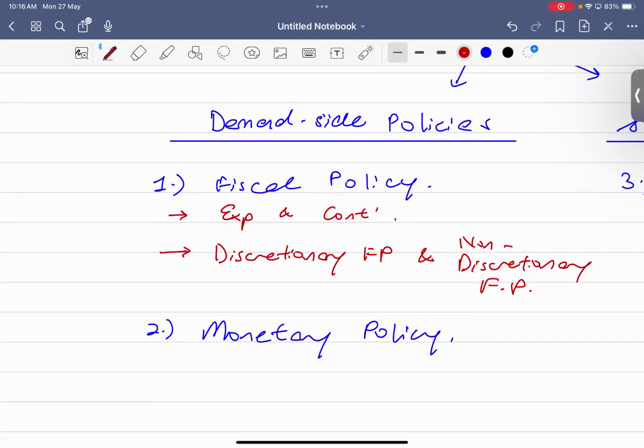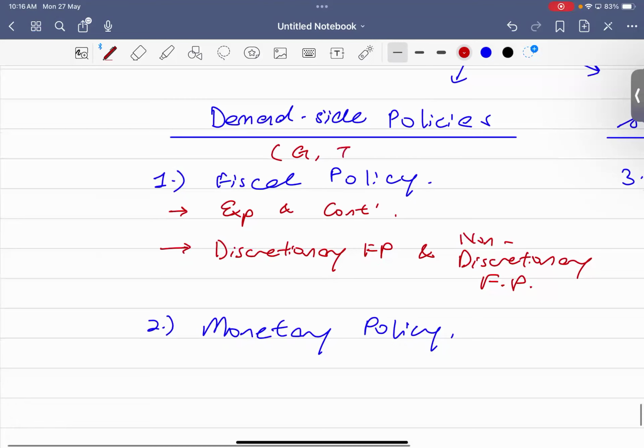Remember, government spending and taxation are the two instruments of fiscal policy that we learned. If the government adjusts spending, increases or decreases it, or increases or decreases tax, as long as there is such an adjustment, we call it discretionary fiscal policy. So expansionary or contractionary fiscal policy includes interventions from the government, and we call it discretionary.